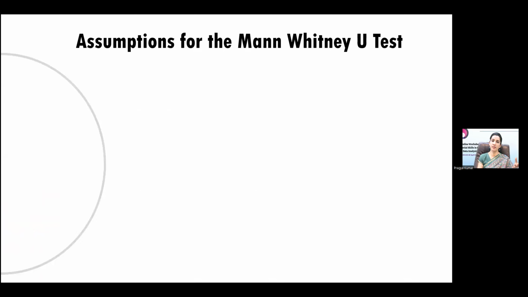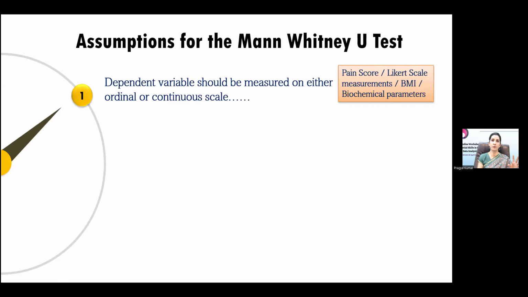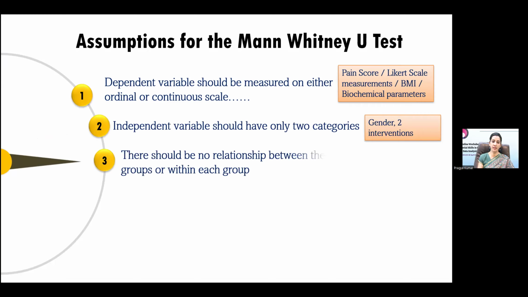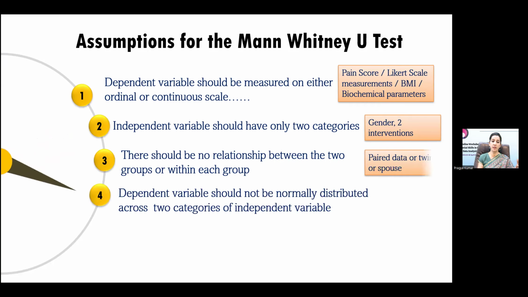The assumptions are the opposite of the t-test, meaning whatever assumptions of the t-test are not met, then you go with the Mann-Whitney U. The dependent variable should be measured, same as the t-test, on an ordinal or continuous scale. The independent variable should have two categories, and there should not be a relationship between the two groups; that means they should be independent groups.